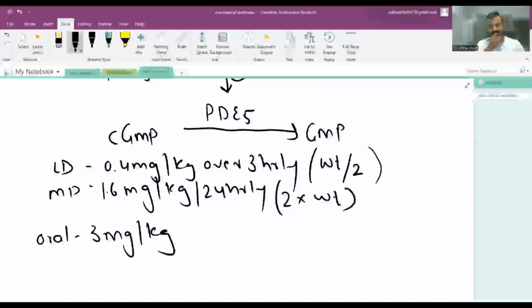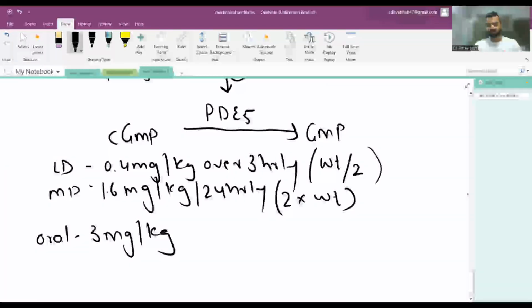Imagine the child is 2 kg, then the dose of sildenafil is 0.8 ml, that is 0.4 mg per kg.